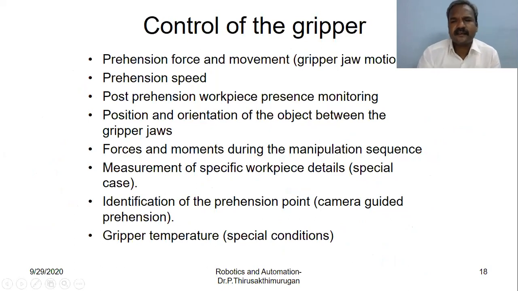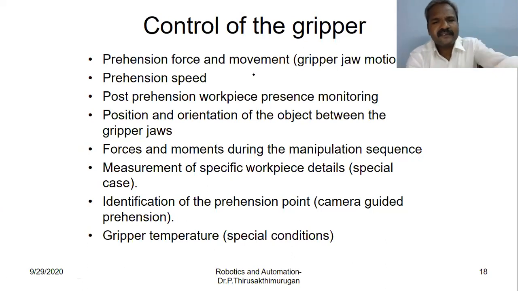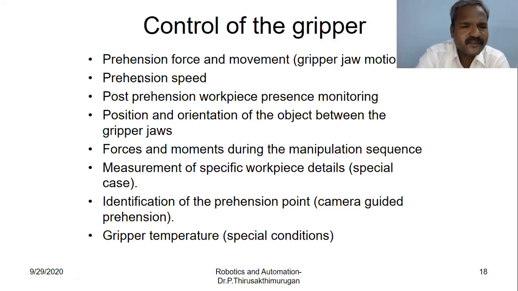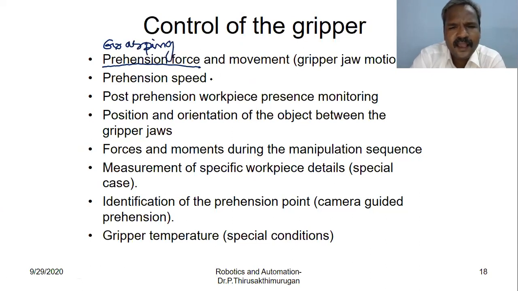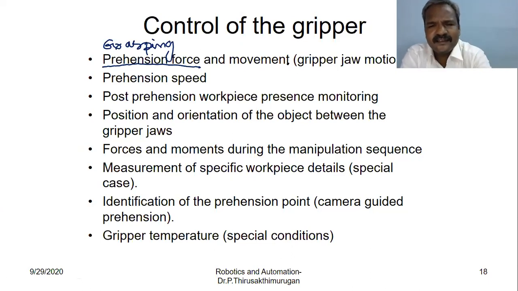Next is control of the gripper. What are the various operations of gripper controllers? The prehension force, that is the grasping force, and the movement are monitored with the help of gripper jaw motion.